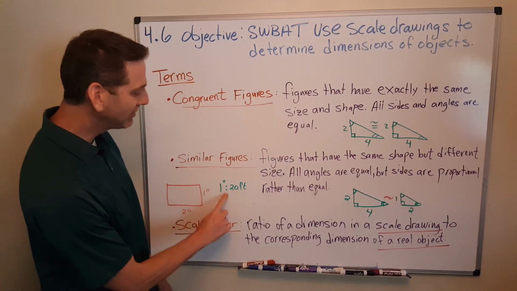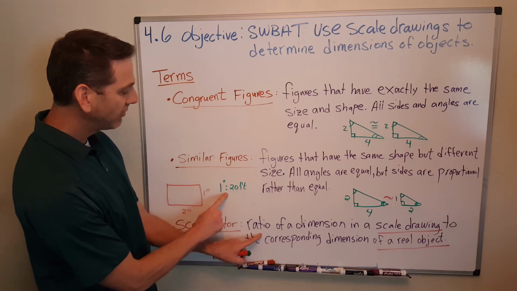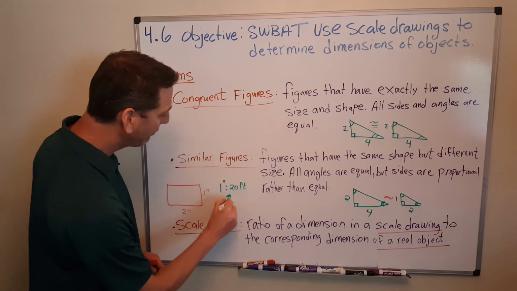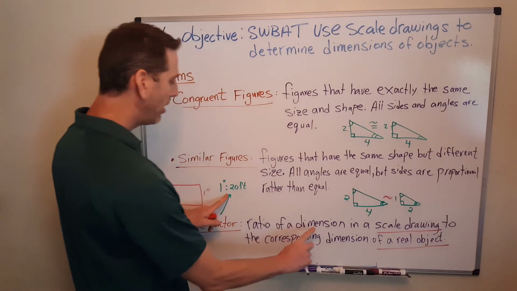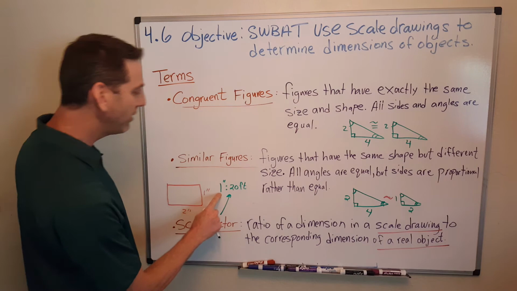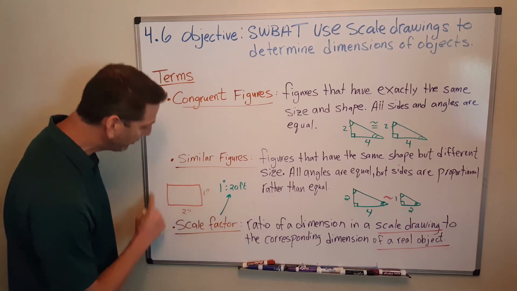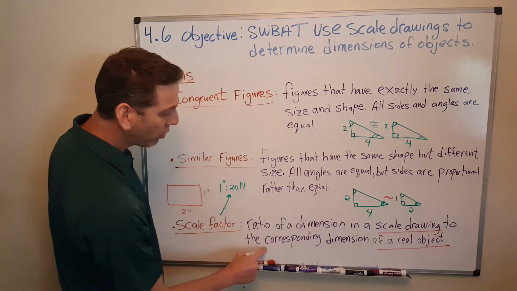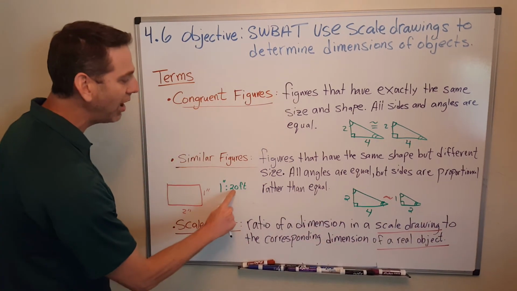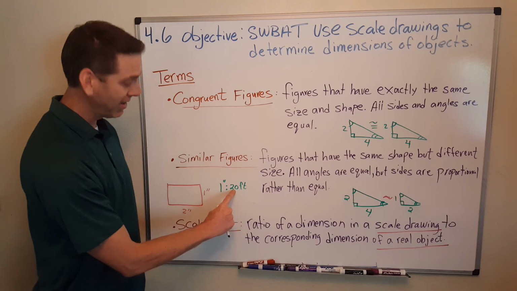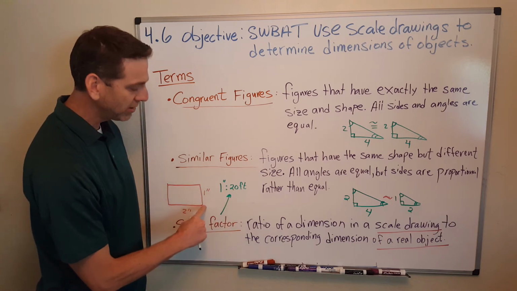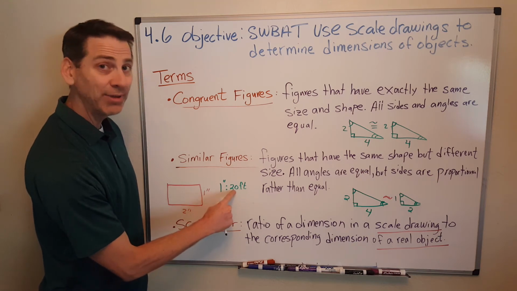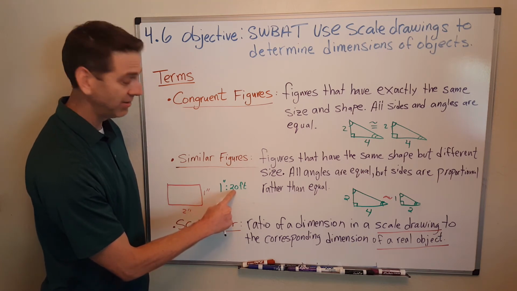What this is saying is a ratio. A scale factor is a ratio of the dimensions on the scale drawing, so this 1 inch, we're talking about inches here, to the corresponding dimensions of a real object. So if this is 1 inch wide, that means in reality it's going to be 20 feet wide.